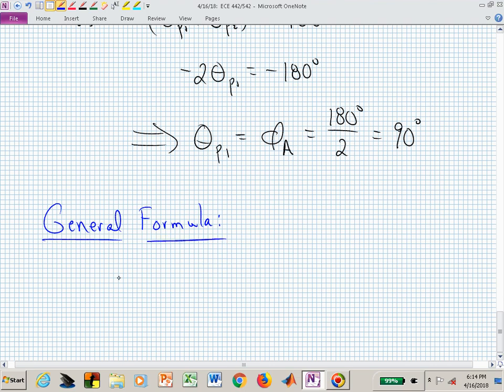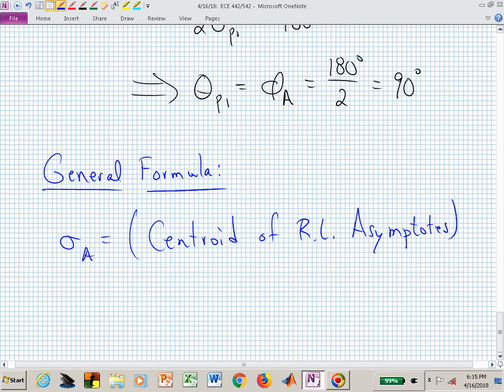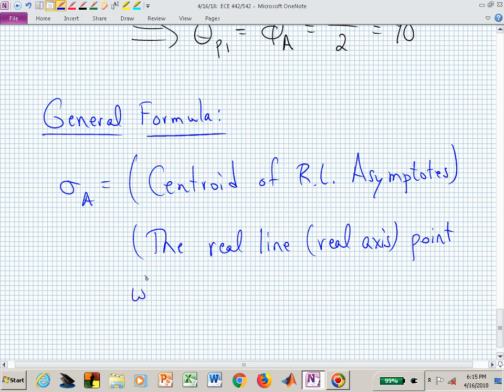General formula. The centroid, sigma sub A, that's what we're calling it, of the root locus asymptotes, that's in fact the real line or real axis point where these asymptote angles are centered.